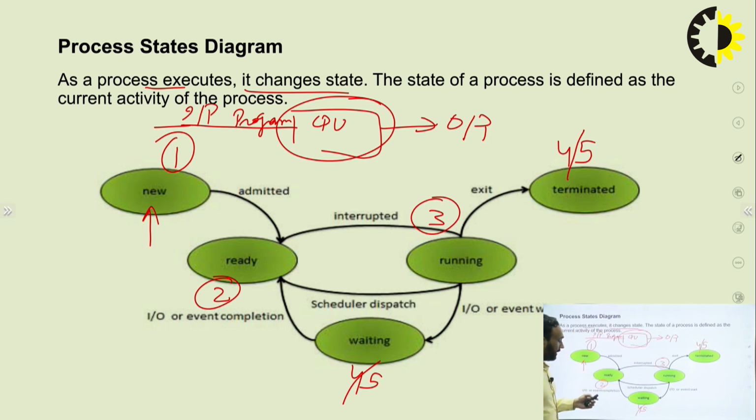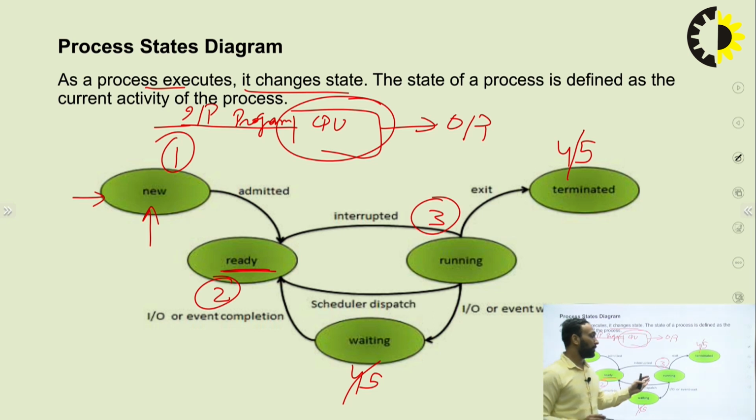Now have a look at how it works with the help of the given slide. When we enter or generate a process or program, it is considered to be in the new state. When a process is waiting for the operating system, or for the processor, for its execution, it lies in the ready state.